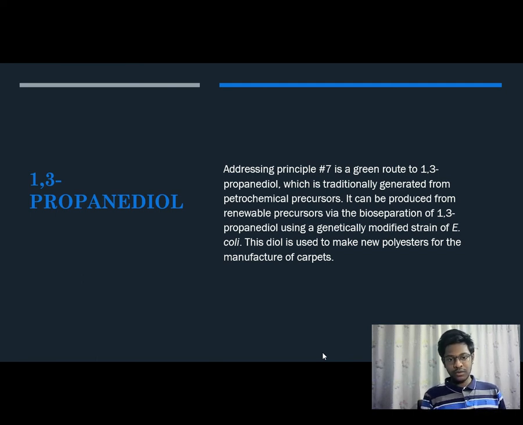It can be produced from renewable precursors via bioseparation of 1,3-propanediol using a genetically modified strain of E. coli. This diol is used to make new polyesters for the manufacturing of carpets. And this is all about 1,3-propanediol.